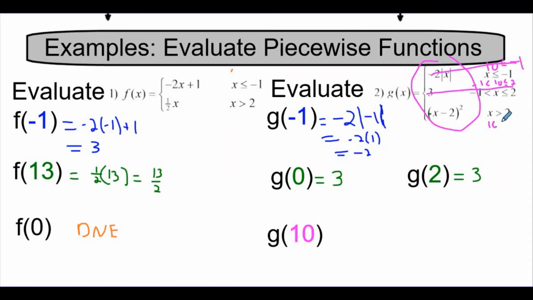Is 10 a number that is bigger than 2? Yep, sure is. So now I put 10 into here. So what I've been doing here is figuring out which portion of the function to select. And then once I know, I can evaluate what to do with the numbers. So g of 10 comes out to 64.